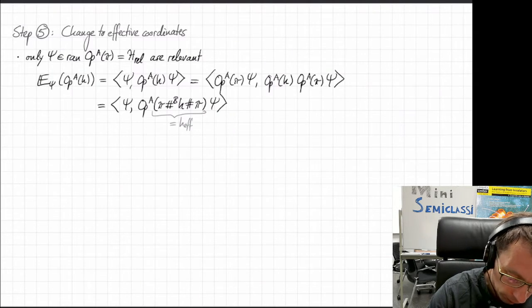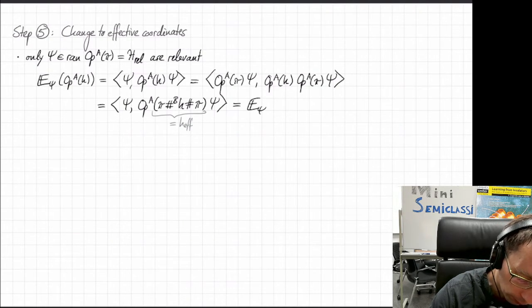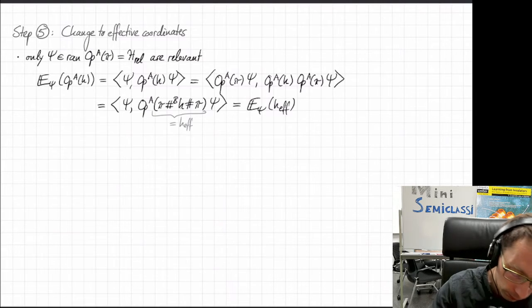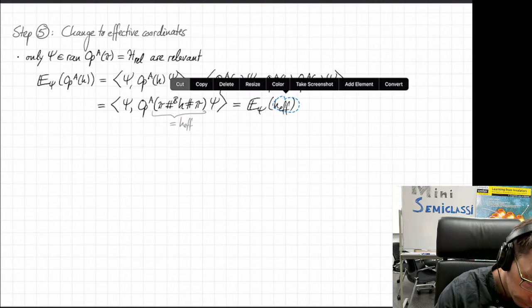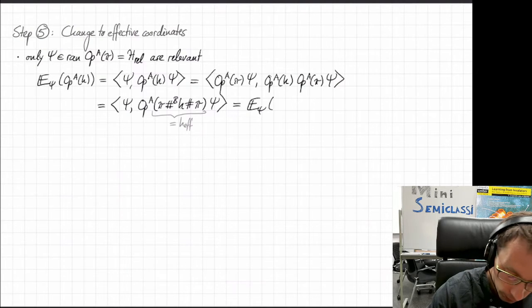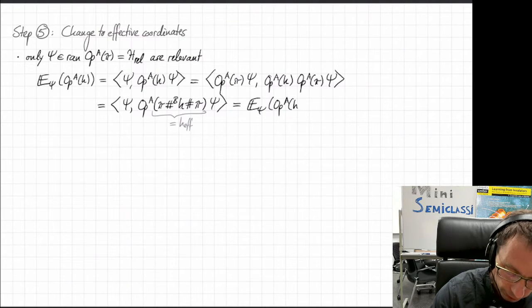So this is a way of writing it. We could equivalently have computed the expectation value of, sorry, I'm missing the quantization here, the magnetic quantization of H effective.